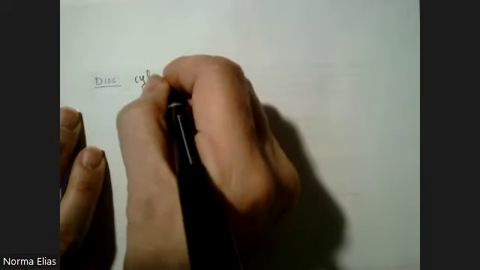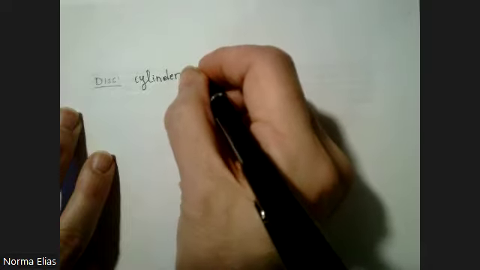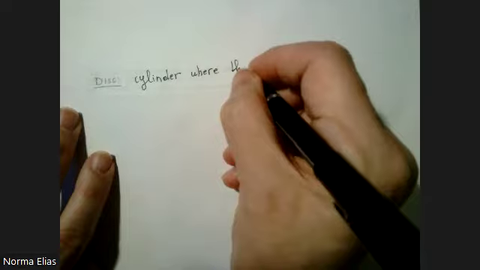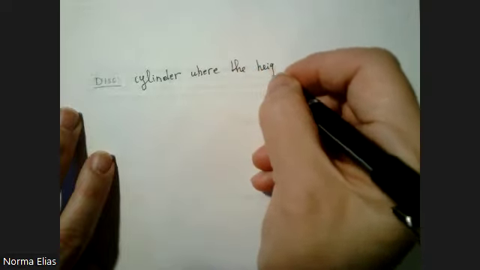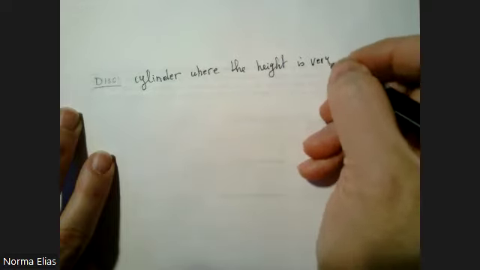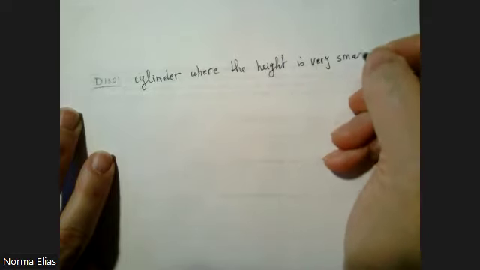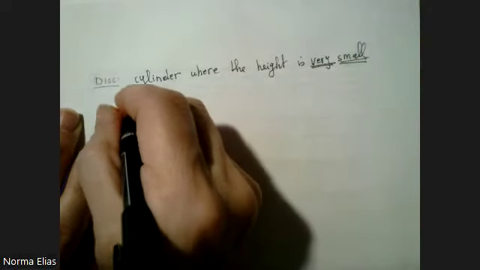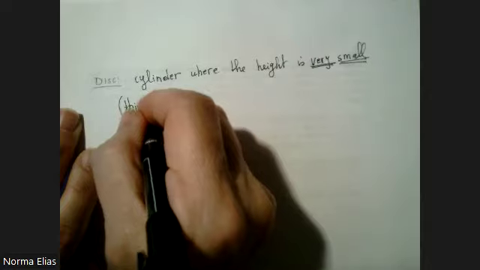A disk is nothing more than a cylinder where the height is very small. The height is going to be usually the delta y or the delta x. It is very small. It means in your mind, I want you to think of a quarter.